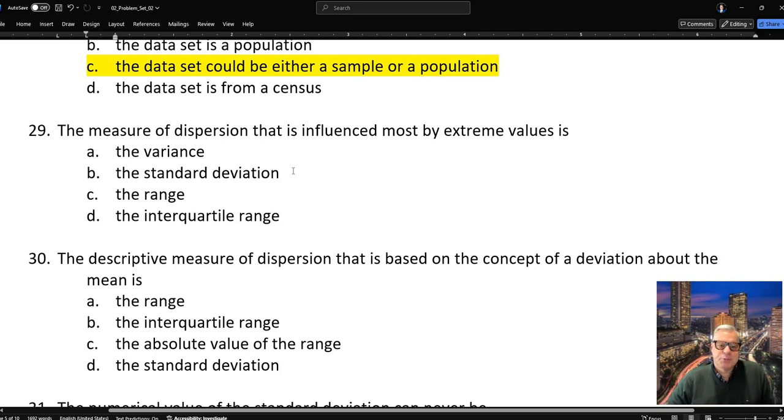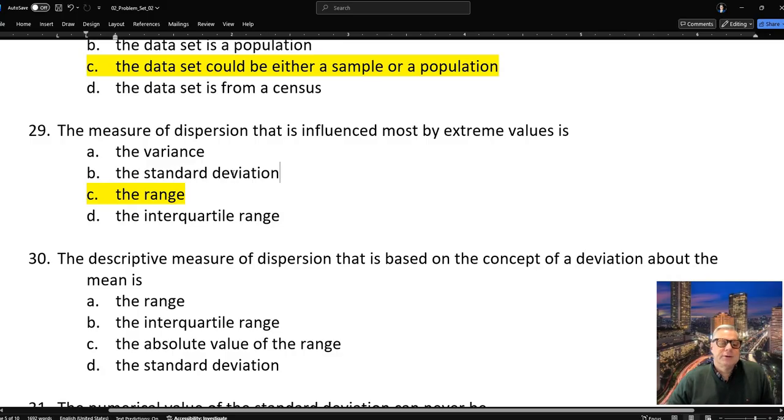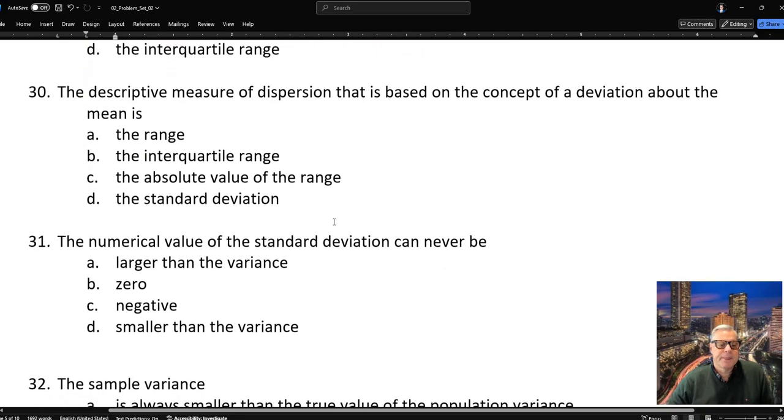The measure of dispersion that is influenced most by extreme values is, of course, the range. But then the variance and the standard deviation would be second, and the interquartile range would be the least affected.